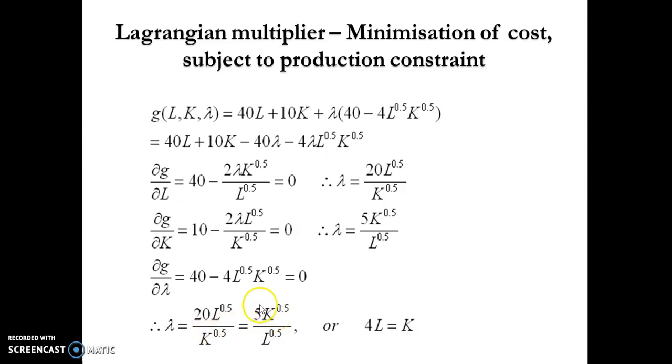So therefore, I can rearrange this in the form of 20 divided by 5 is going to give me 4L equal to K. Or you could have it as L is equal to a quarter K. But remember, it is always easier to work with an optimal mix where you're not dealing with fractions. Okay?